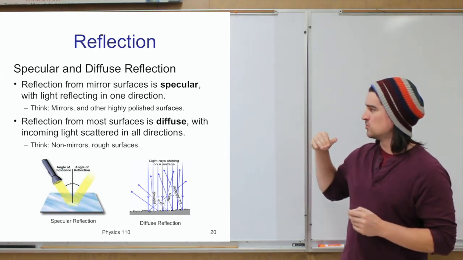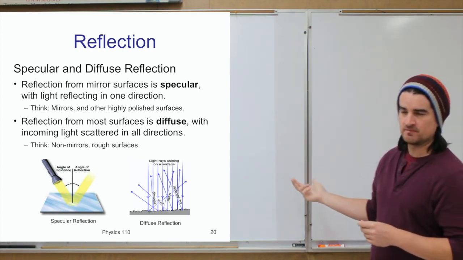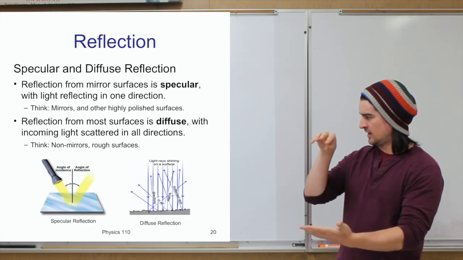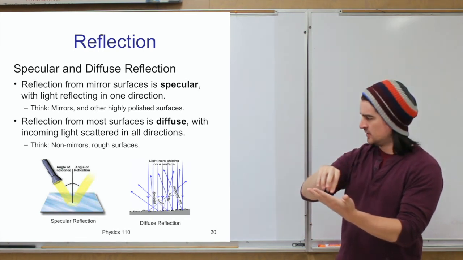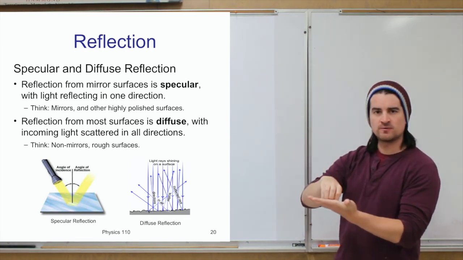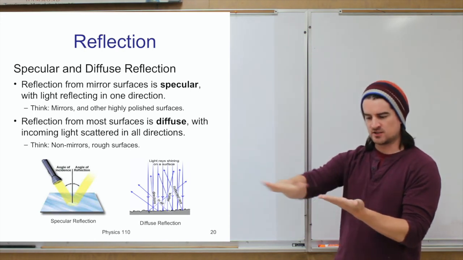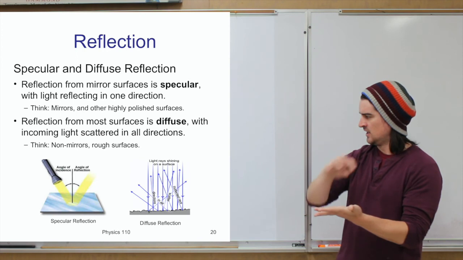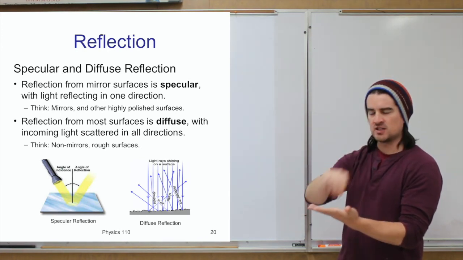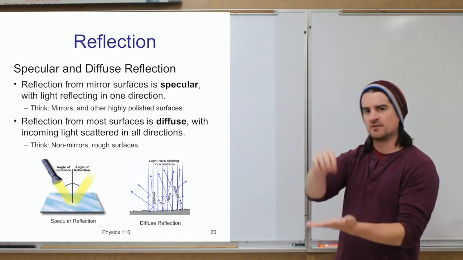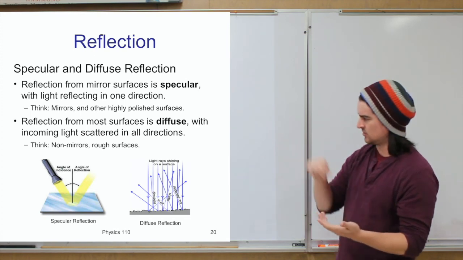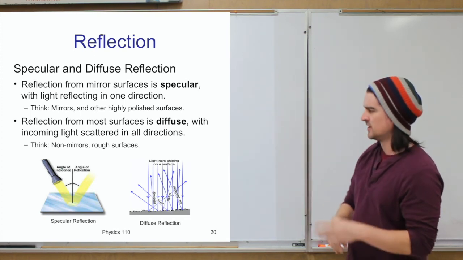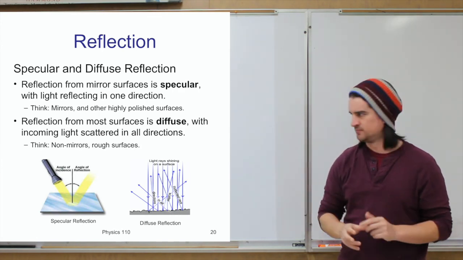That is opposed to diffuse reflection, which is essentially where all the light comes in at some angle, but the surface is rather rough. It's not just a smooth thing, there's all these little bumps and dips and divots, and so the light is reflecting off at different angles. Some light hits and reflects back this way, some light reflects off that way, so you get this very diffuse reflection.